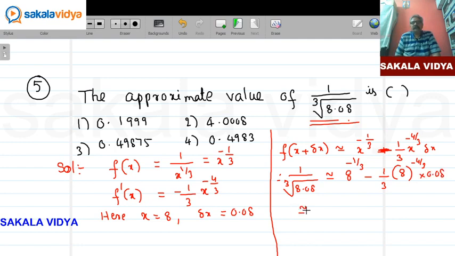So 8 is 2 cube. 2 cube means actually the 3 cancels, 2 power minus 1, that will be 1 by 2, and minus 1 by 3 into, this will be 2 cube, 2 power minus 4 is 1 by 16, into 0.08. 1 by 2 is 0.5, everybody knows, and this will be 0.01 by 6.